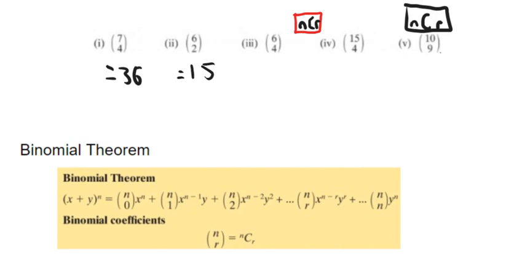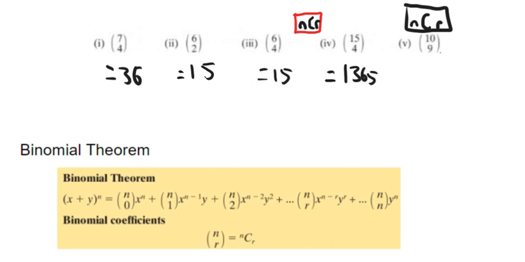6 choose 4 will actually be the same. You get 15 as well. So 6 choose 2 and 6 choose 4 are the same thing. I won't go into it in more detail, but 15 choose 4 is actually 1365.